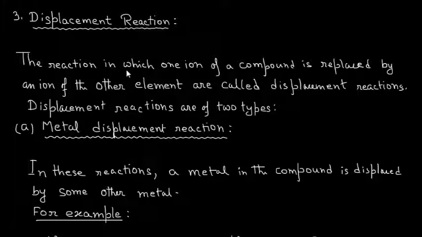Displacement reaction: the reaction in which one ion of a compound is replaced by an ion of another element is called a displacement reaction. Displacement reaction can be of two types. First, let me explain the displacement reaction form.